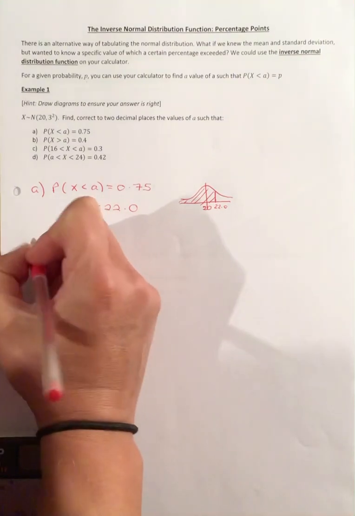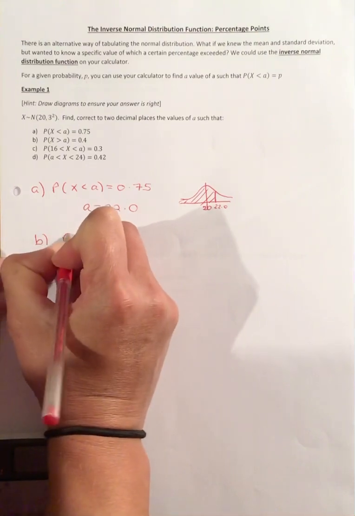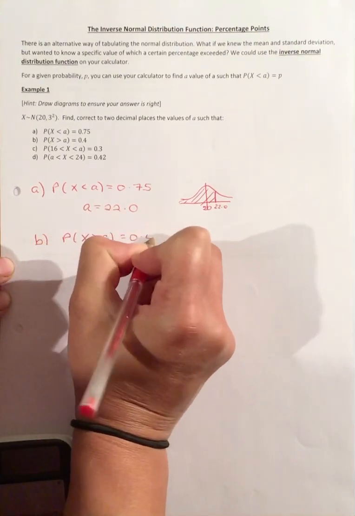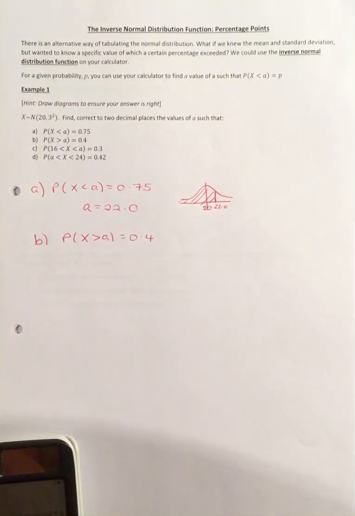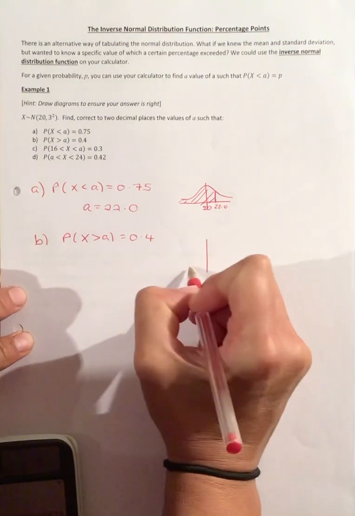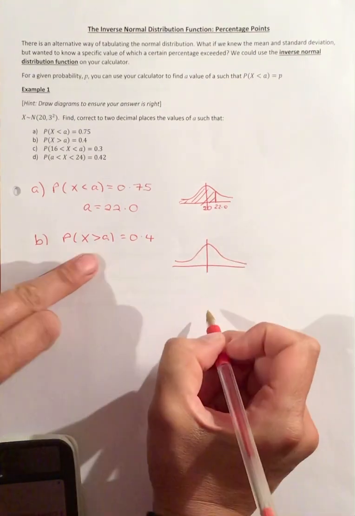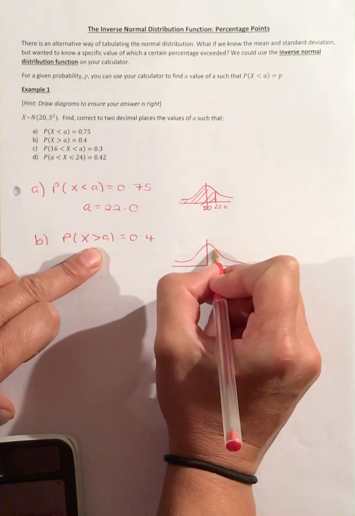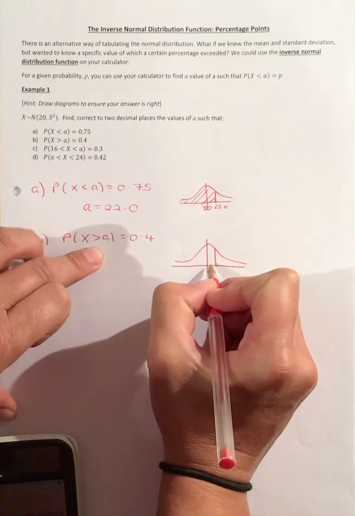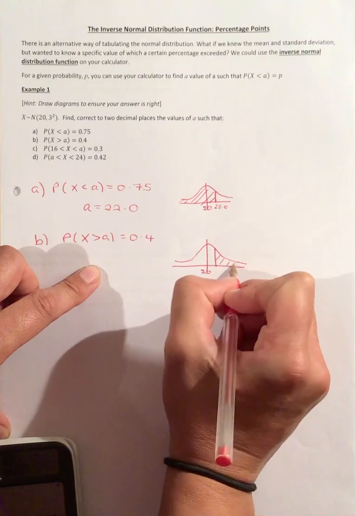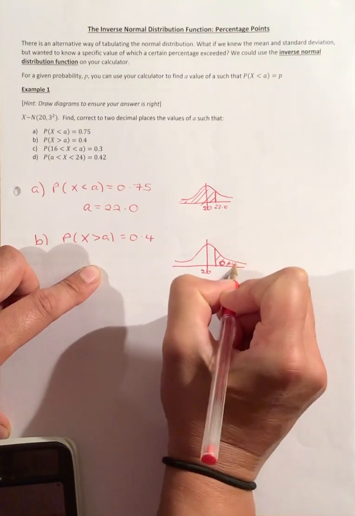For part B, we want the probability that x is greater than a value to be 0.4. Now we don't have a function for that on our calculator. The inverse function tells us the probability that x is less than a value. Drawing our bell-shaped curve, if the probability that it's greater than a value is 0.4, that means it's to the right of the mean, so to the right of 20.